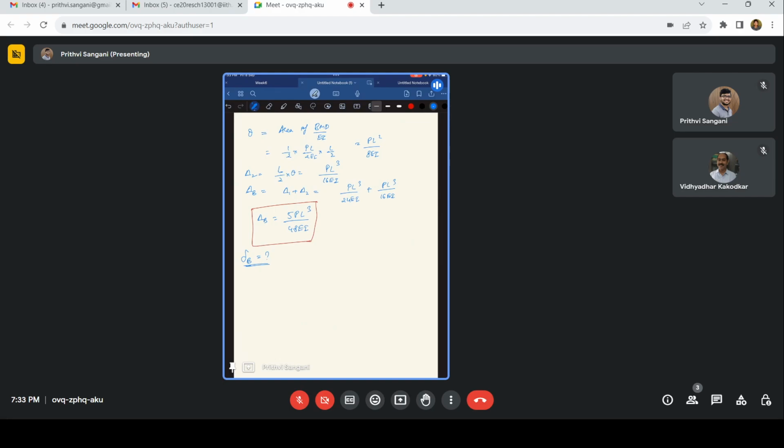Now this is nothing but the flexibility matrix, this is nothing but the force matrix, and this is nothing but the displacement matrix. You can see this is again symmetric.